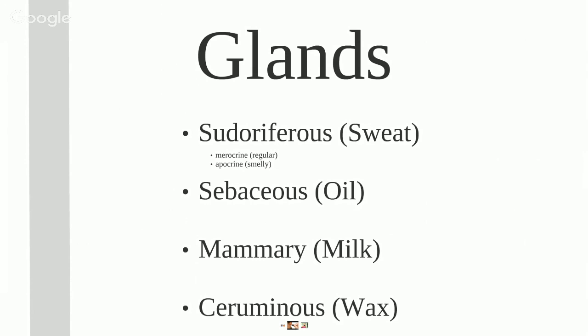Really, mammary glands and ceruminous glands are modified sweat glands. Okay, their shape is different, and their secretions are different, but they're really just sweat glands that have been modified a little bit. Sebaceous glands, oil glands, are their own kind of gland, and the book does a good job of pointing those out.